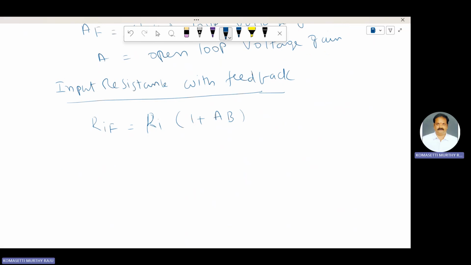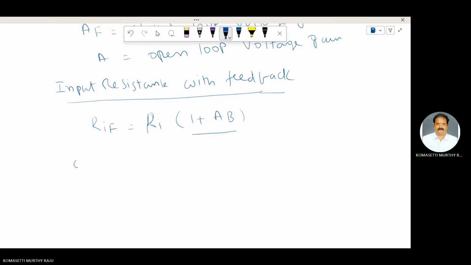The input resistance of the op-amp with feedback is 1 plus AB times that without feedback. In the circuit, RI is the input resistance of the op-amp without feedback, the open loop condition. Input resistance with feedback is increased by a factor 1 plus AB.